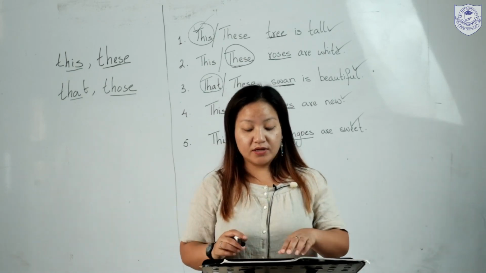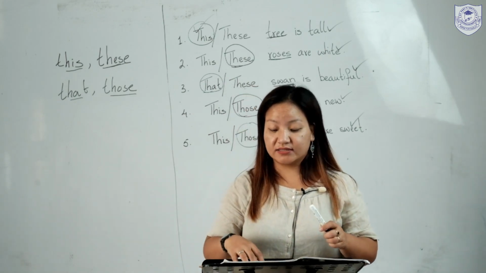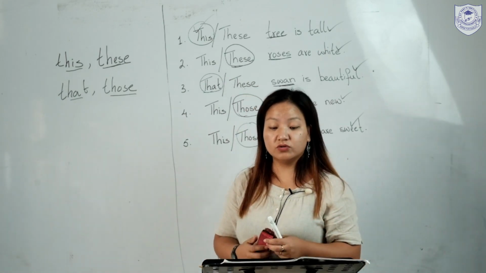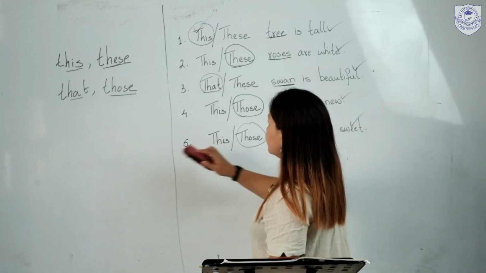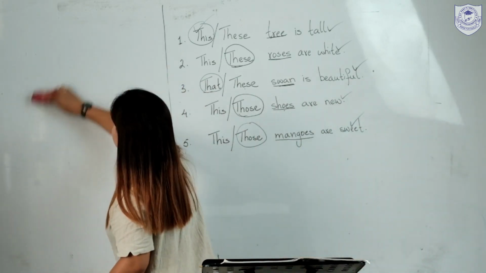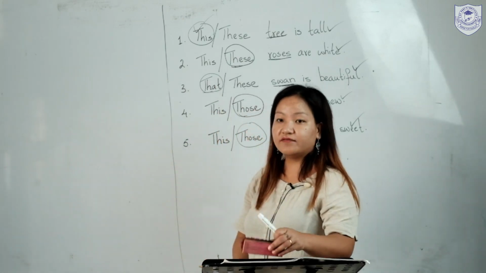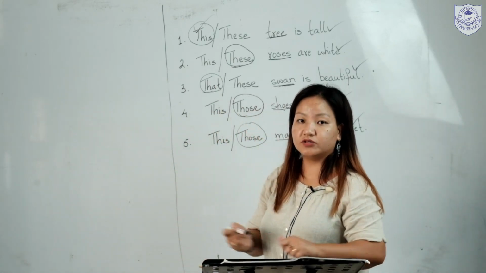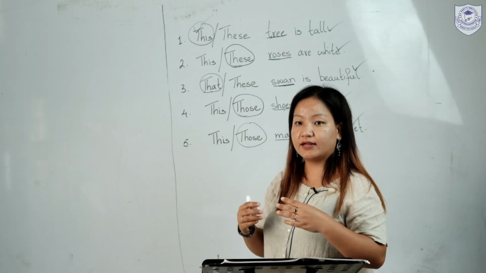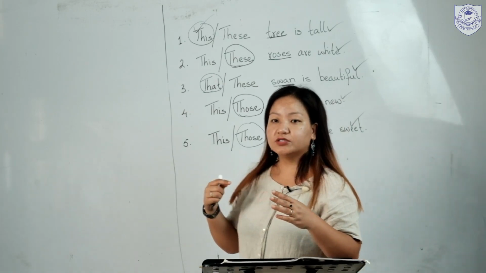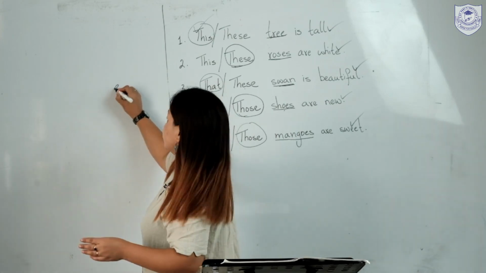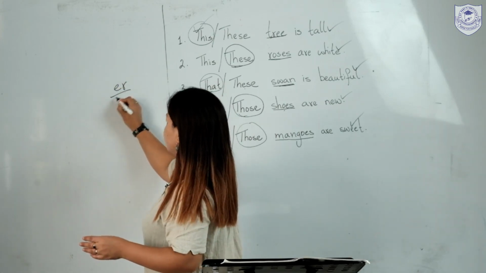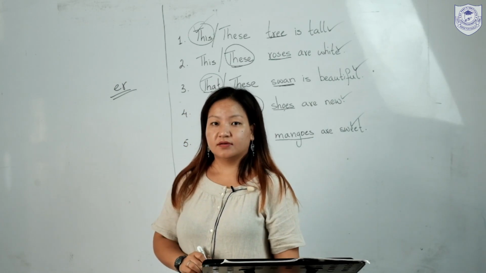And then we usually add er to an adjective to show comparison between two things. For example, thick, thicker, tall, taller. Now, whenever we compare between two things or between two persons or between two animals or anything, we always add the letter er at the last, okay?